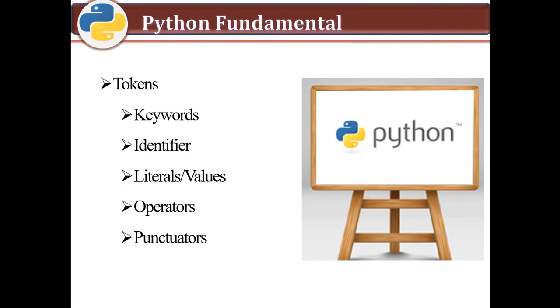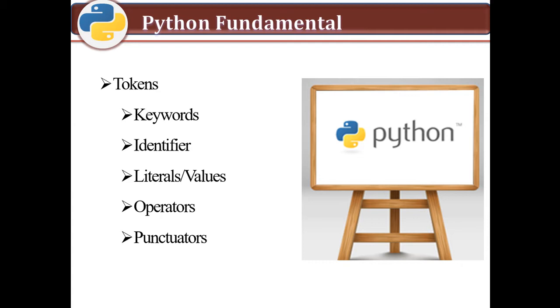Tokens. In a passage of text, individual words and punctuation marks are called tokens, the lexical unit or the lexical element. The smallest individual unit in a program is called a token or a lexical unit.